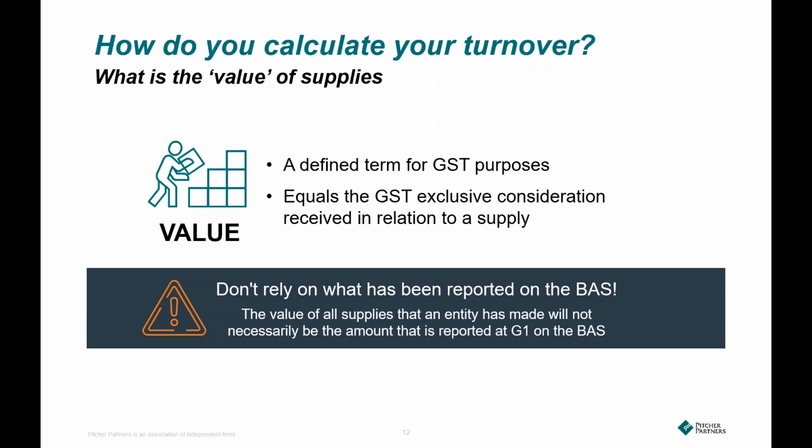It is necessary to look beyond the BAS, and it's a clear fact that the value of all supplies that an entity has made will not necessarily be equivalent to the amount that's been reported at label G1 of their business activity statement.